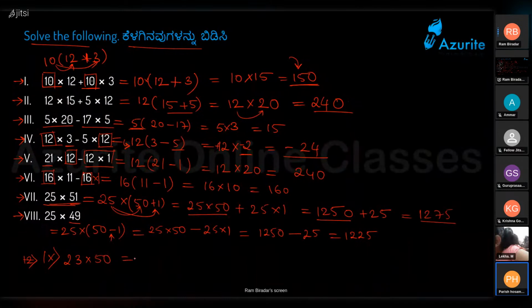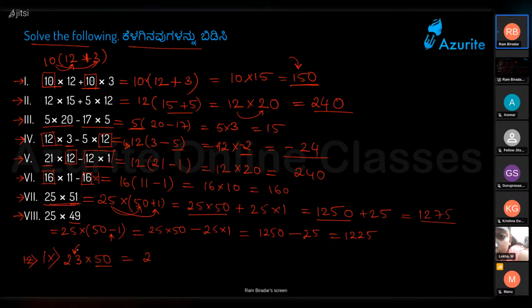Now how to do this, beta? See here, 23 bracket 50. 50 is very simple to do already. So we don't have to change only 50. We can also change this position, right?